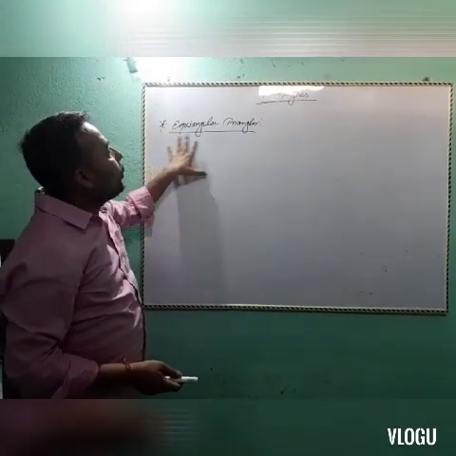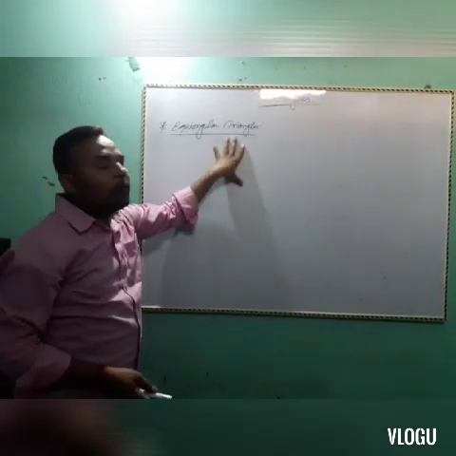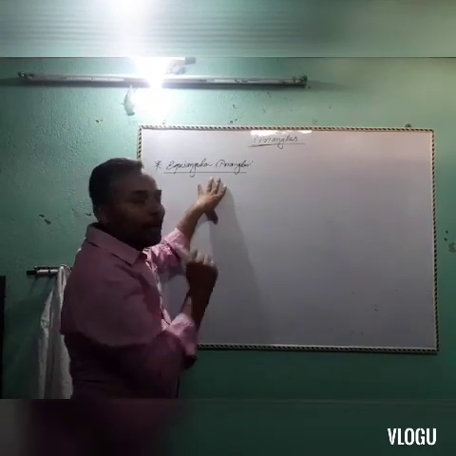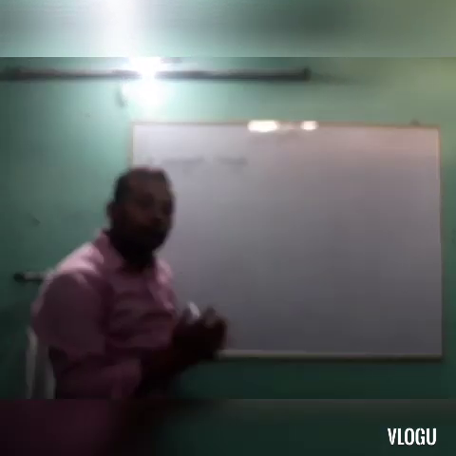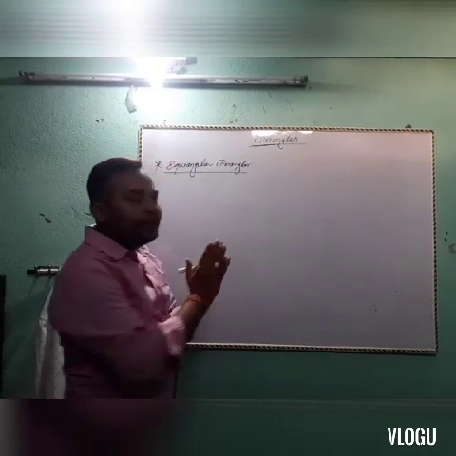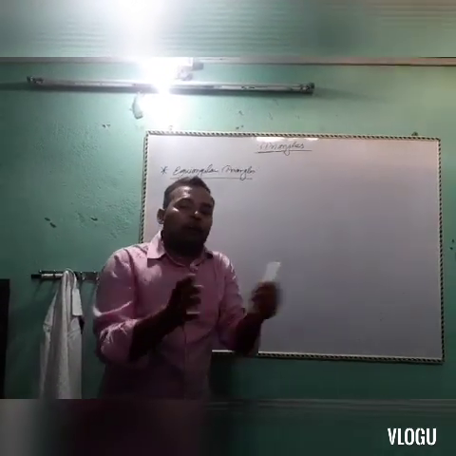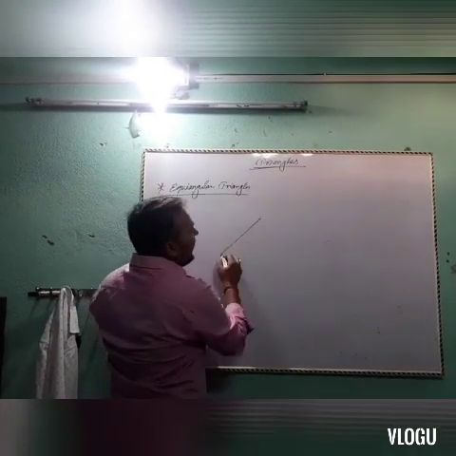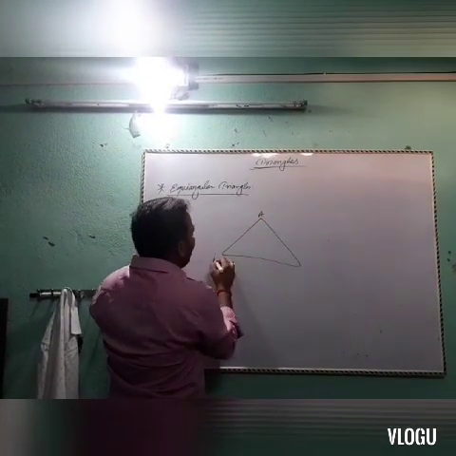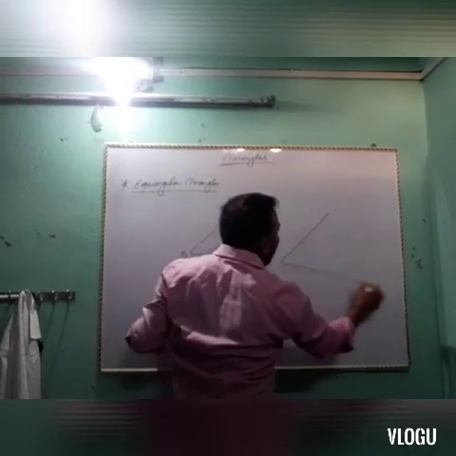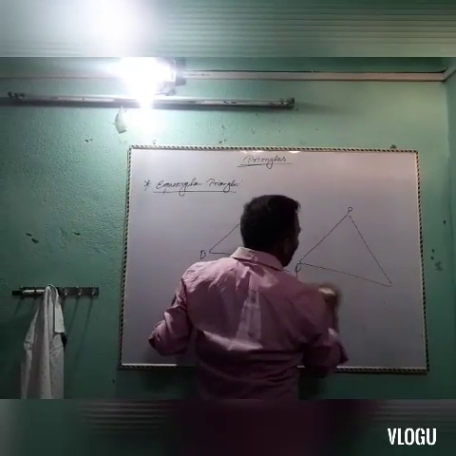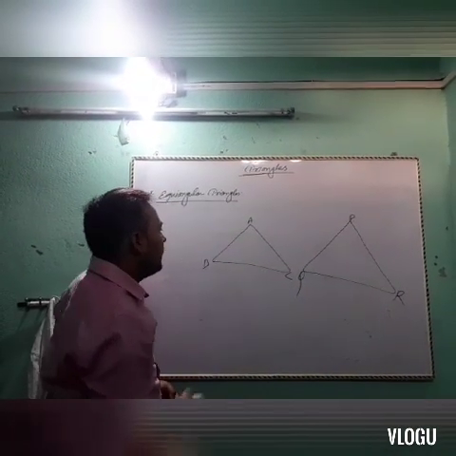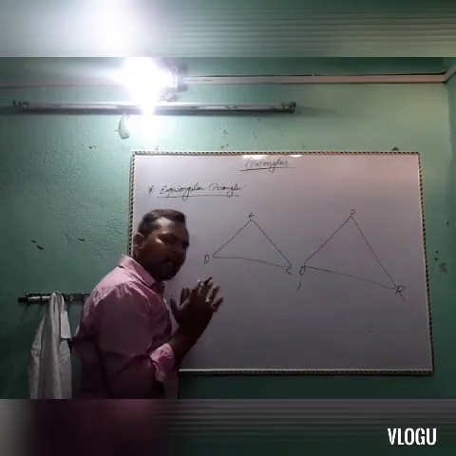Next, equiangular triangles. Very important. Two triangles are said to be equiangular if their corresponding angles are equal. Suppose ABC is a triangle and PQR is another triangle.